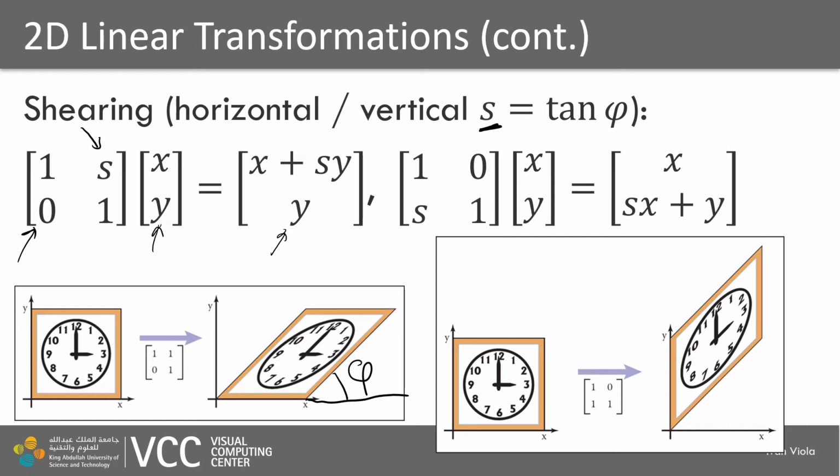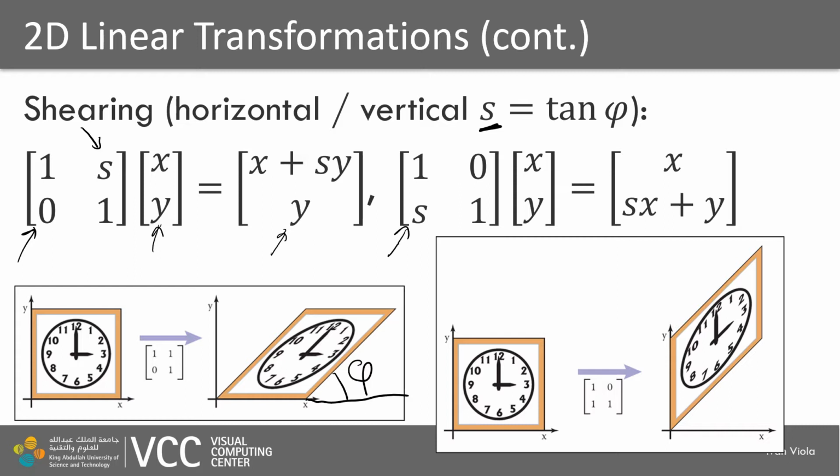However, if there is a non-zero off-diagonal element in the second row in the first position, then we will have shearing again, but not along the horizontal direction, but along the vertical direction. And here, similarly, the higher the x value, the more the shear factor will be for that particular x value.